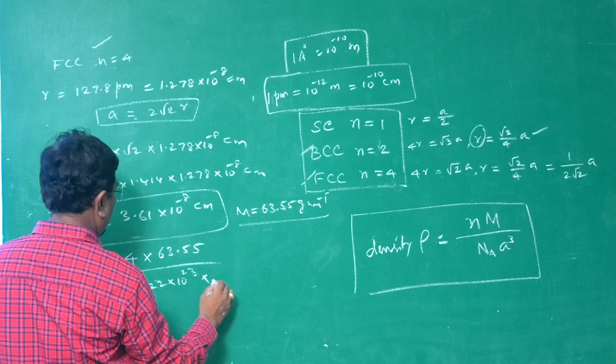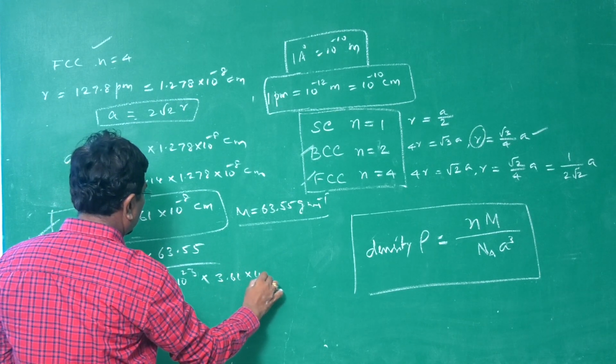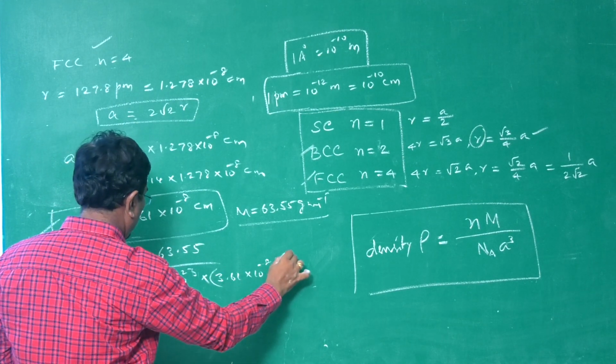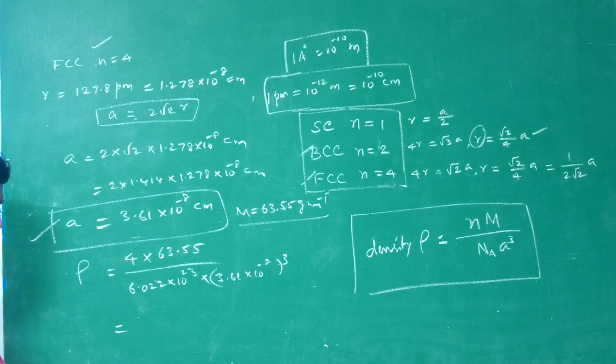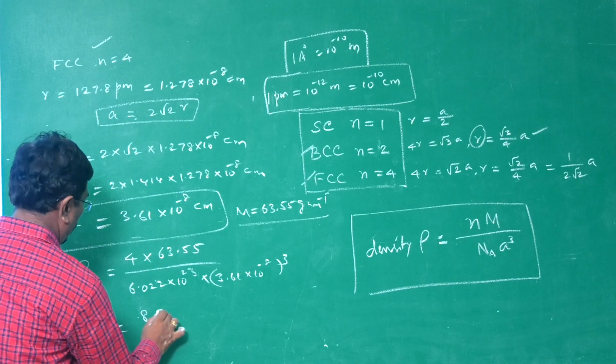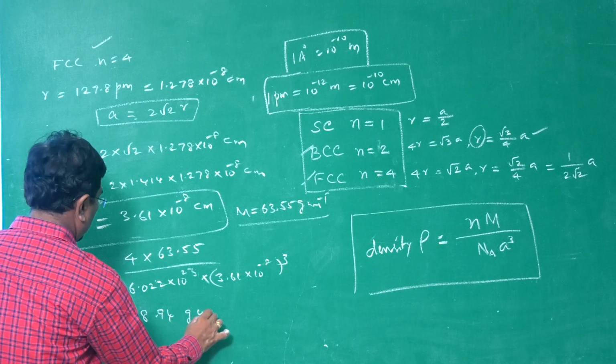A is nothing but 3.61 into 10 power minus 8 centimeter whole cube. You will be getting the answer. So the answer is found to be 8.94 gram per centimeter cube.